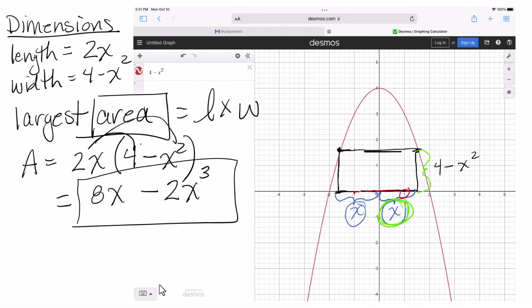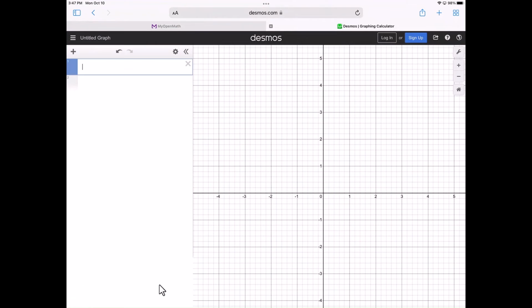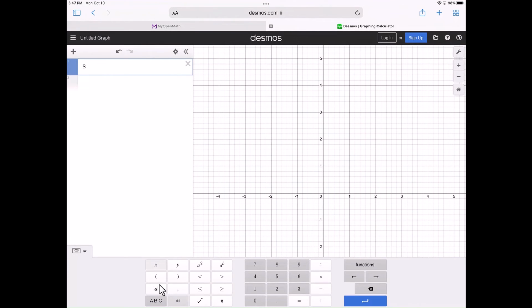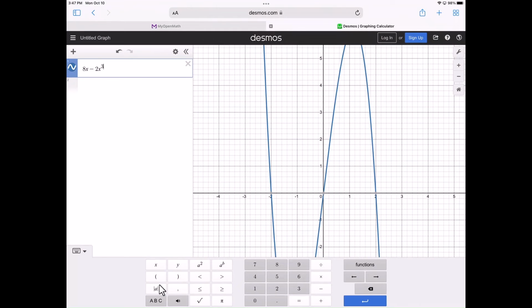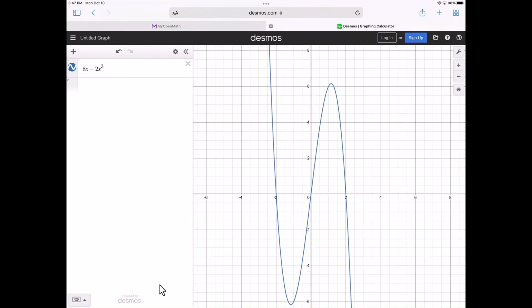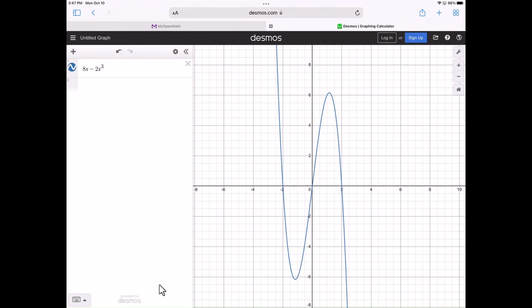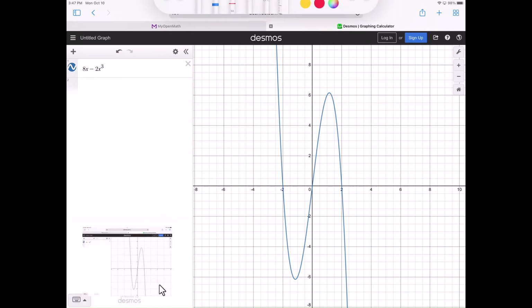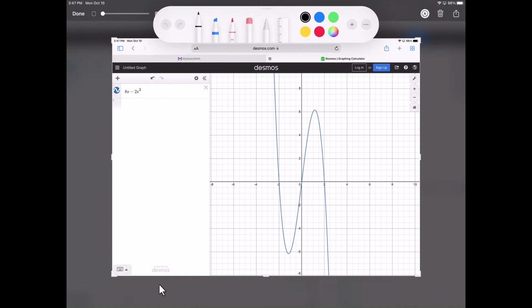Let's take a look at Desmos. So we had 8x minus 2x cubed. Just think common sense. I've got local extrema here, a local maximum and a local minimum, and we've talked about that before.